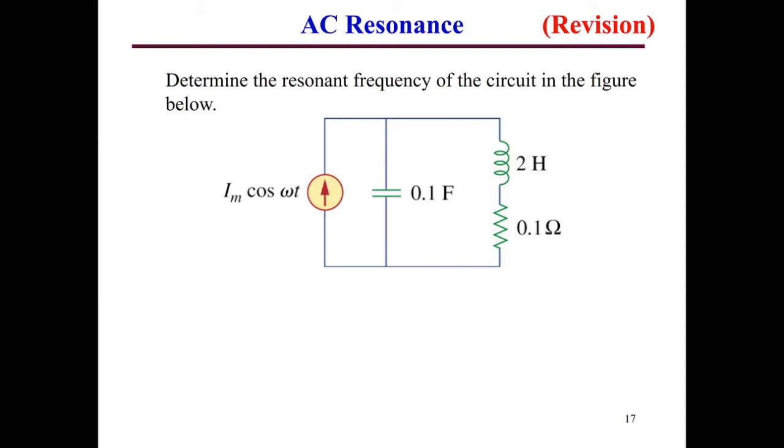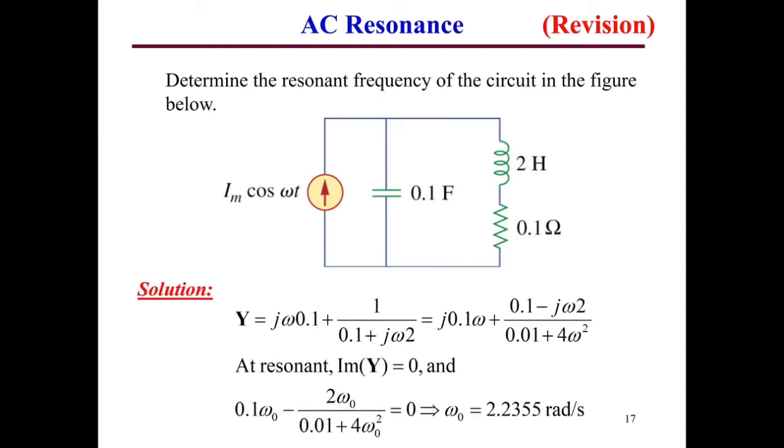Let us look at this example over here. It says determine the resonance frequency of the circuit. Over here we are given a capacitor bank, an inductance, and also a resistance which is part of the inductance. If we like to find the total Y, those two are connected in parallel, so it will be J omega C plus those two connected in series, 1 over 0.1 plus J omega 2.